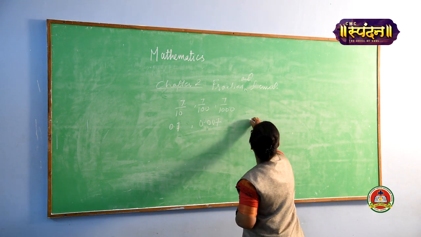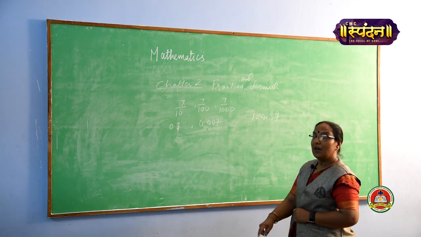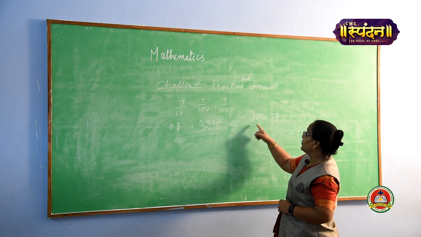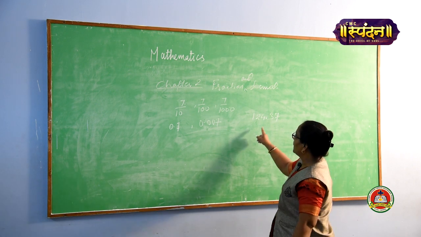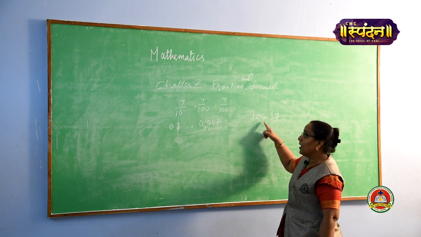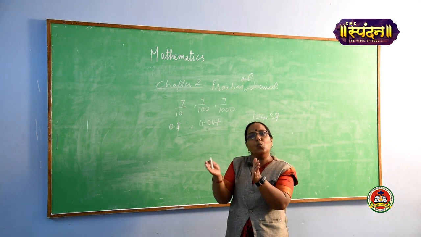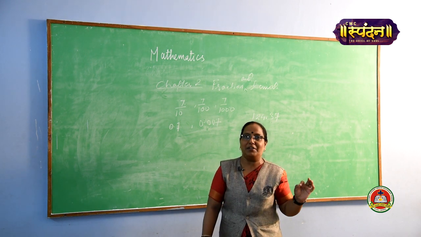Suppose there is a number 124.37. We cannot read it as one hundred twenty-four point thirty-seven. If you read it that way, it is totally wrong. So how do we read it? After the decimal, whatever digits are there, we have to read them individually.